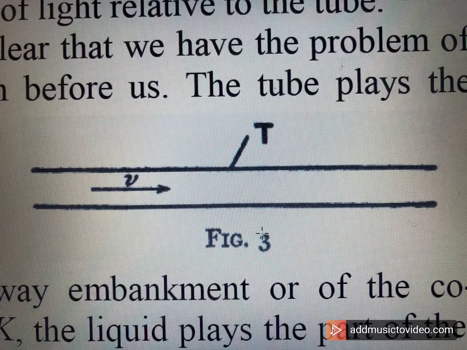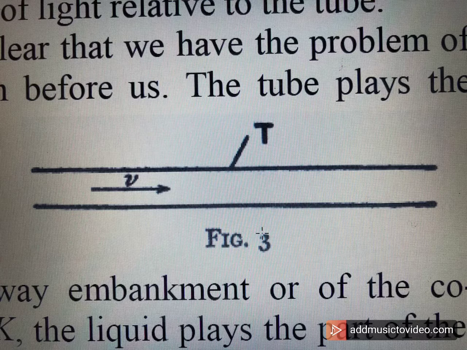If we denote the velocity of the light relative to the tube by uppercase W, then this is given by the equation A or B, according as the Galilei transformation or the Lorentz transformation corresponds to the facts.